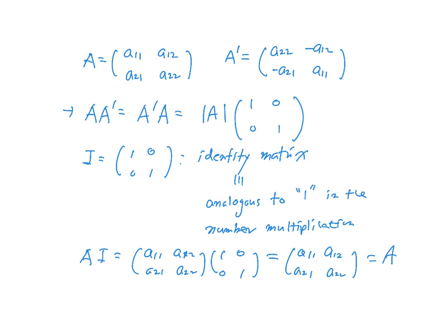And let's see if you interchange the order. I times A: 1, 0, 0, 1 times A11, A12, A21, A22. It's 1 times A11, which is A11, right? And this is 1 times A12.